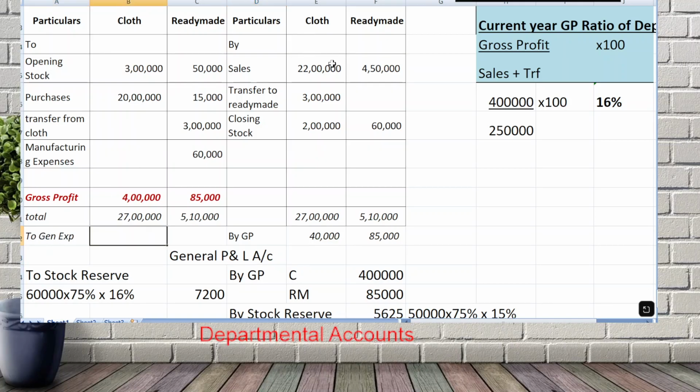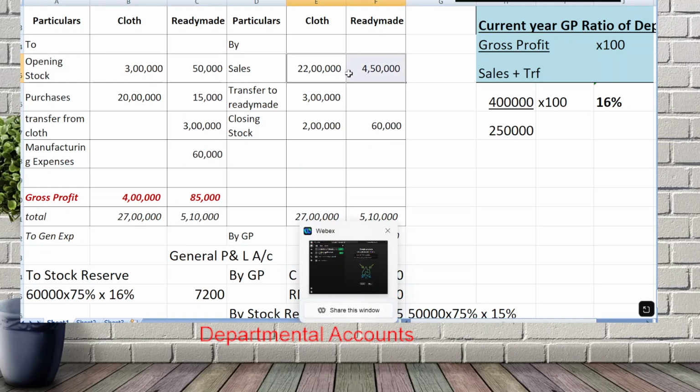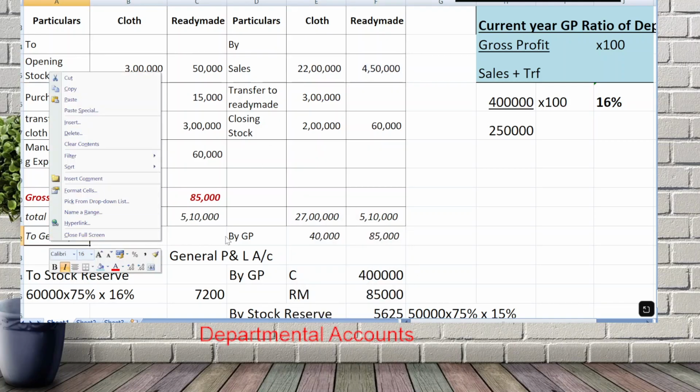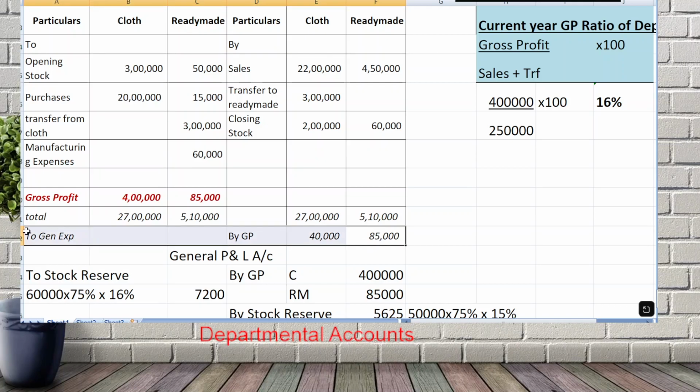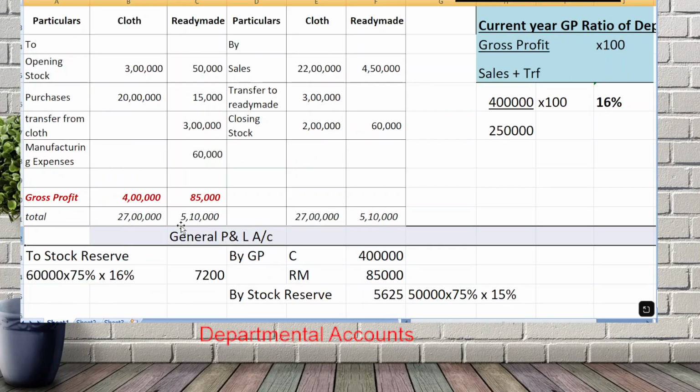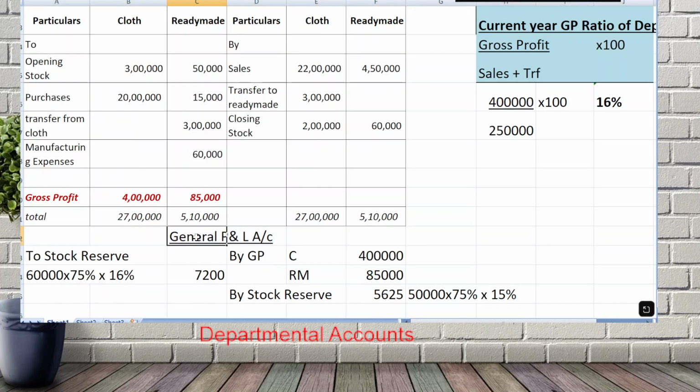You can apportion it in the ratio of sales, or we can charge it in the general P&L account also. There are two approaches for this problem. We can charge it directly in the general P&L account to general expenses.